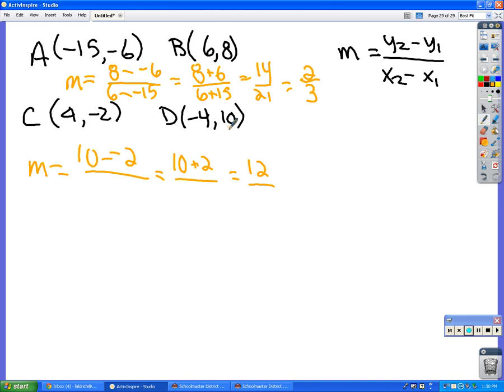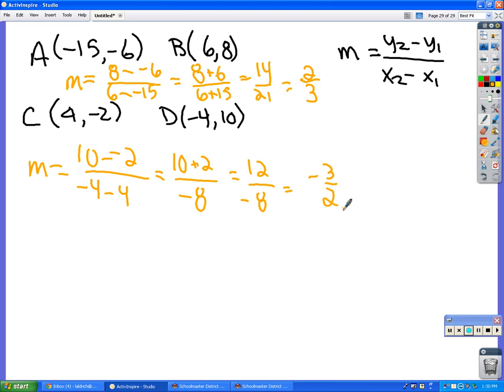Okay, so that was y2 minus y1. Then I do, good, negative 4 minus 4. So negative 4 minus 4 is negative 8. So what is 12 divided by negative 8 reduced to? Negative 3 over 2, because 4 goes into both of those evenly.